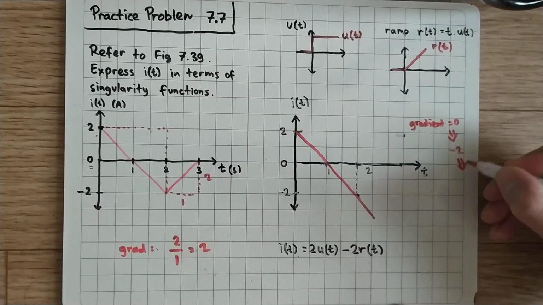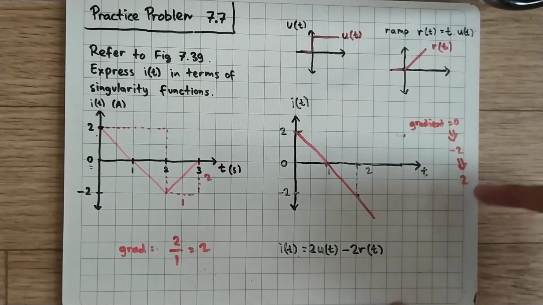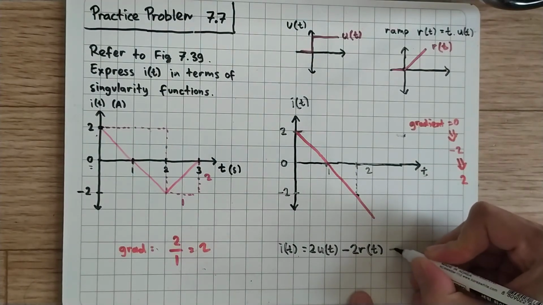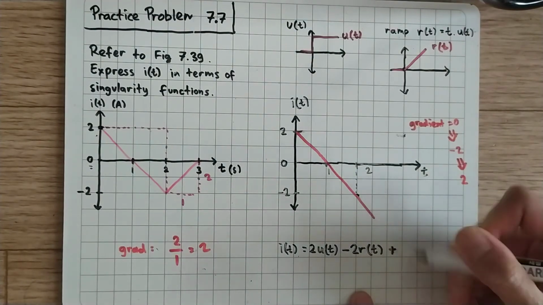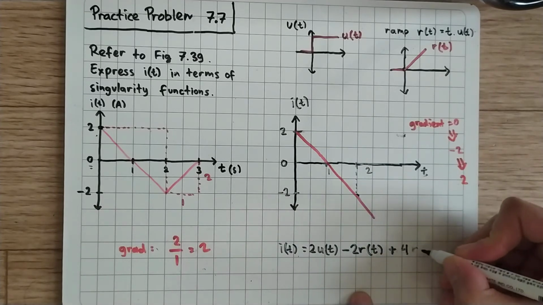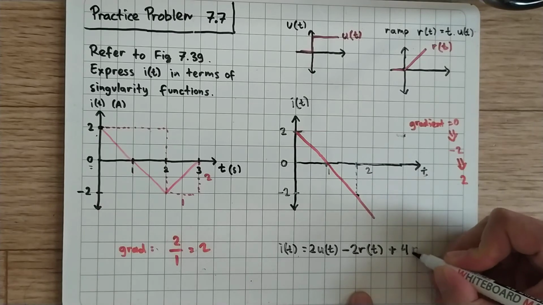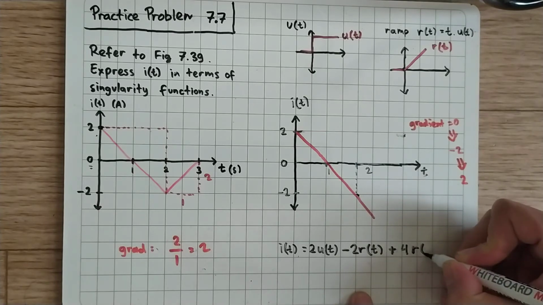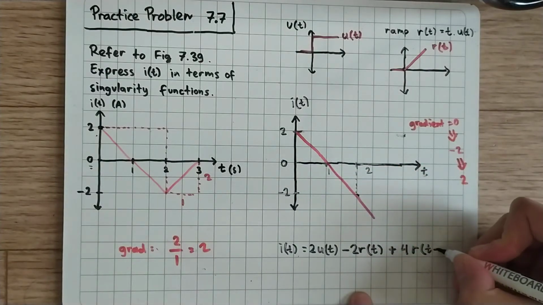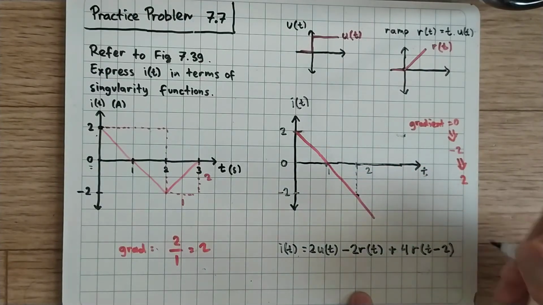So I need to change the gradient from minus 2 into 2. So I need to add 4 into this equation. So I need 4 r(t), and the offset will be 2, so t minus 2.